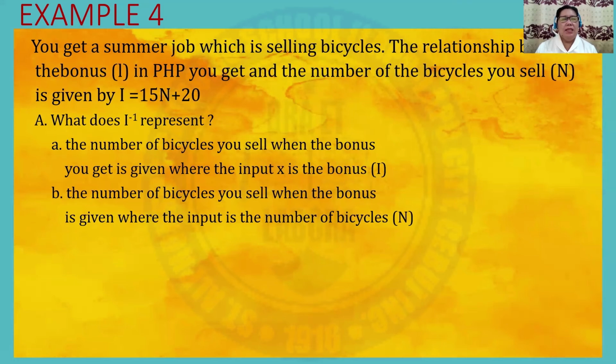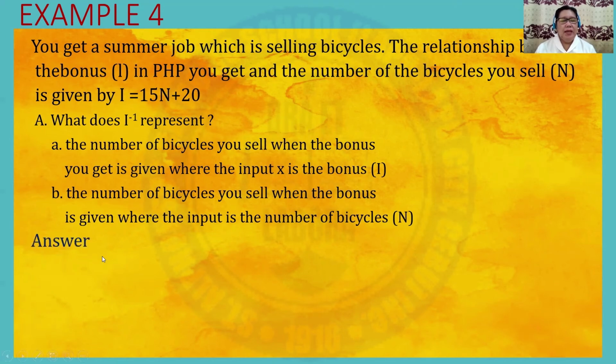What does I to the negative 1 represent? Is it A, the number of bicycles you sell when the bonus you get is I, where the input X is the bonus? Or B, the number of bicycles you sell when the bonus is I, where the input is the number of bicycles represented by N? So what is your answer?